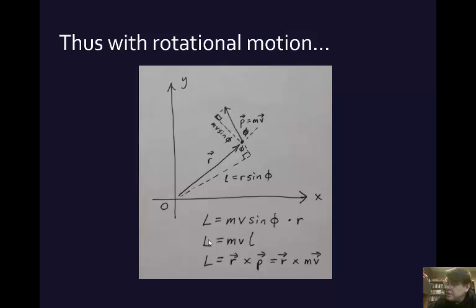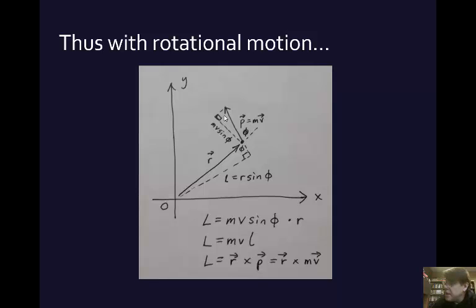Okay? The other way to conceive it is if I draw a perpendicular to this r, and then make a right triangle with the momentum, then this angle here is going to be phi, because these are opposite angles, and so they're going to be equal in measure.